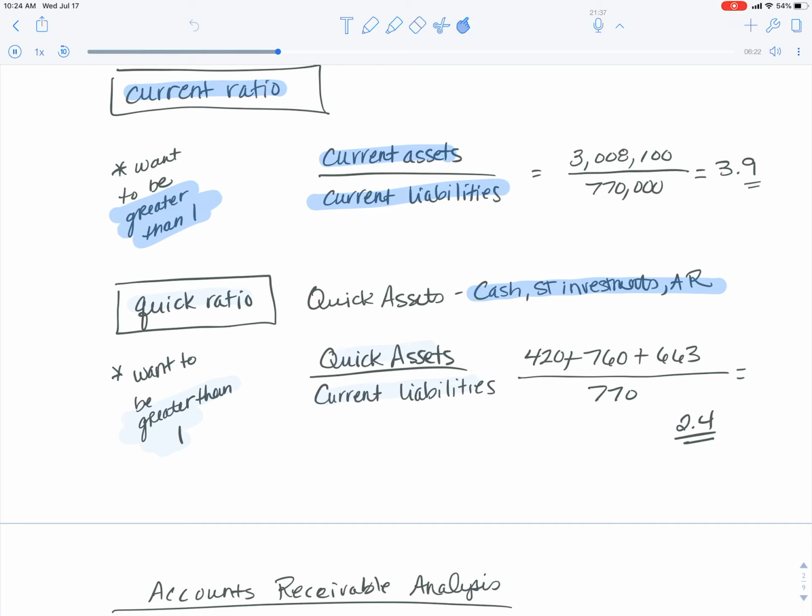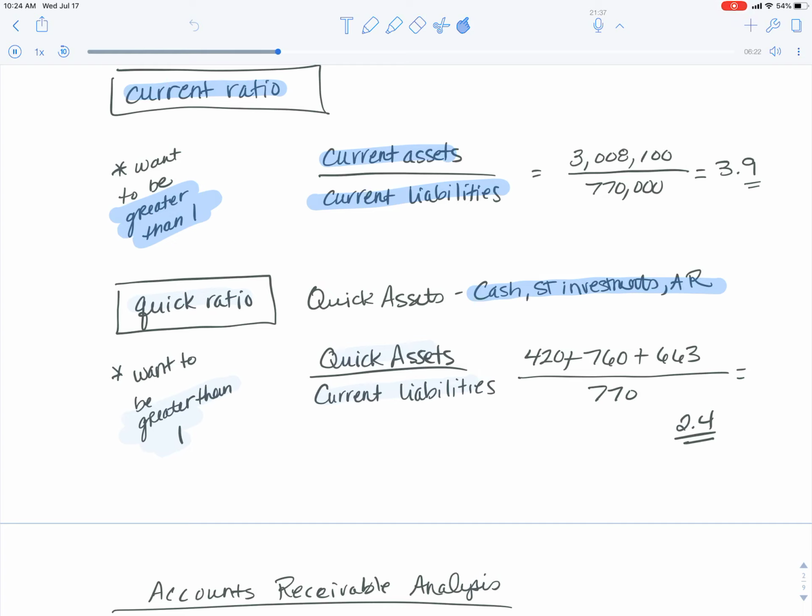So if you look at this answer here, it is 2.4, which is greater than 1, and that's where we want it to be. We want this number to result in greater than 1. So that's the third formula. And all of these first three are measuring solvency.